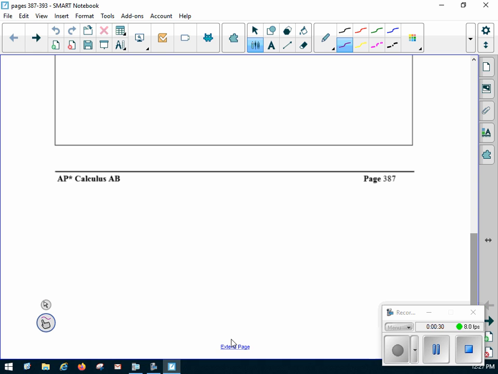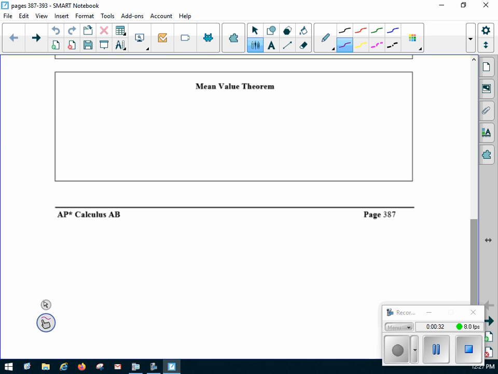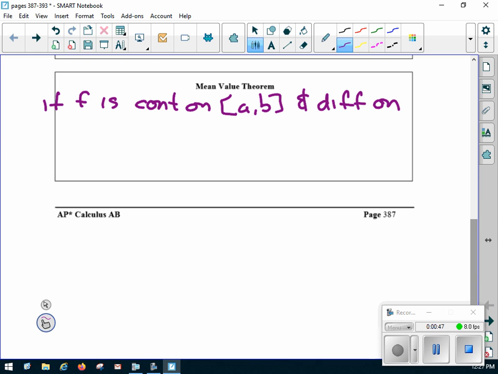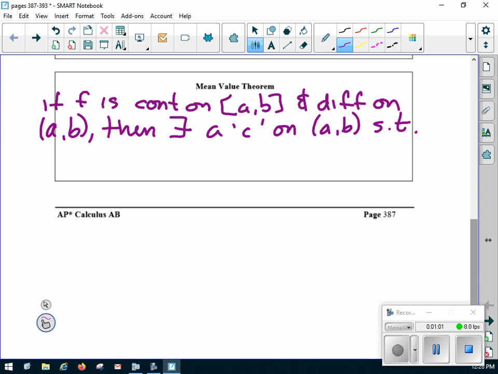Okay, so mean value theorem says that if f is continuous on the closed interval and differentiable on the open interval, then there exists some number in that open interval such that what?